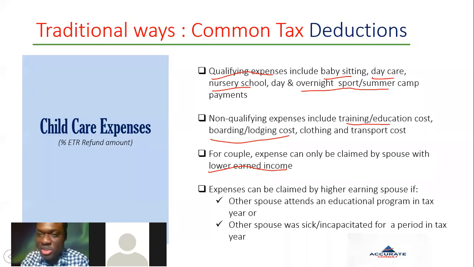The government is saying for such cases, you cannot deduct it because you're at home, you're not working, and you are not expected to claim such on your income tax. That's why it's claimed by the lower earning spouse. Even if you put it on the higher earning spouse, the tax software will push it to the lower earning spouse. That's how it's structured.